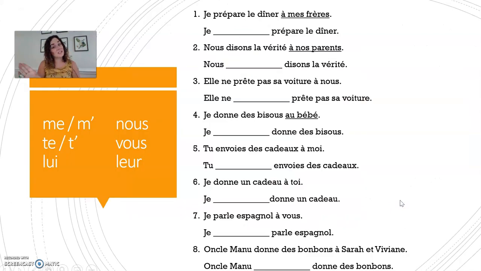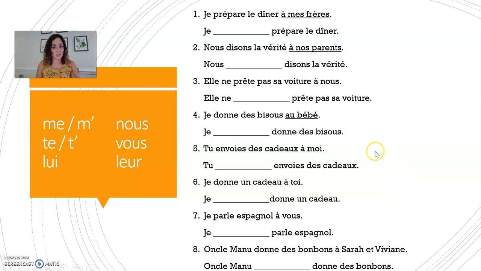Okay, if that all makes sense, you can pause here, but I do want to do a couple of practices with you. Here are your options of indirect object pronouns: me or m', te or t', lui if it's singular, to him, to her, nous, vous, or leur if it's plural, to them.